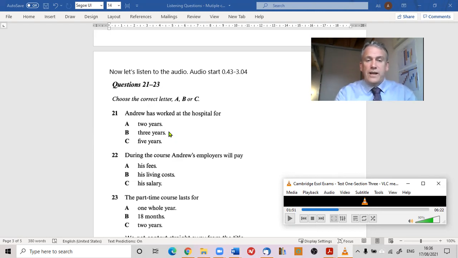So the question is, how long has he worked at the hospital? And the answer to that was 3 years. But you can see that most of the time, they will mention every single option to try and distract you. Just listen very carefully for your key word. Your key word there was hospital, as we talked about.